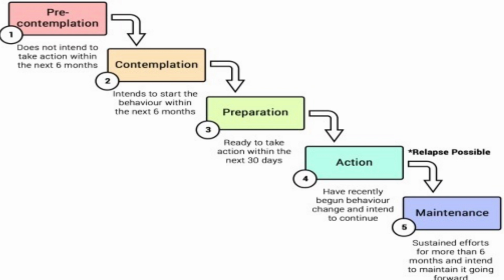And like I said, there was a sixth stage that is seen and not seen sometimes. It's the termination stage, where this behavior is completely ended, where you have no thoughts of going back. But it's generally seen as mostly the maintenance stage for most people that undergo this model.